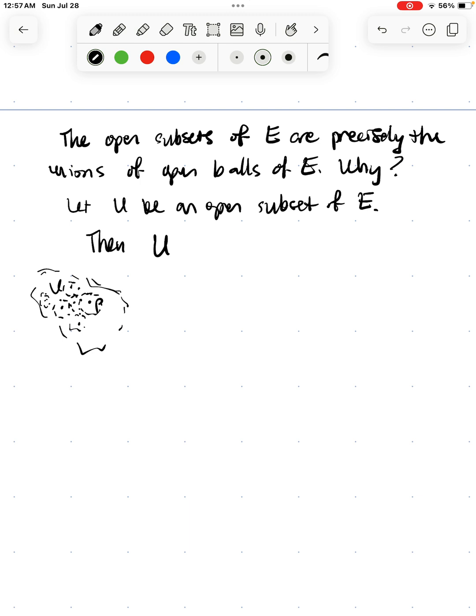So at each P there is some radius R such that the ball of radius R centered at P lies completely in U, and therefore the union over P in U of the ball of radius R centered at P, this union is equal to U.